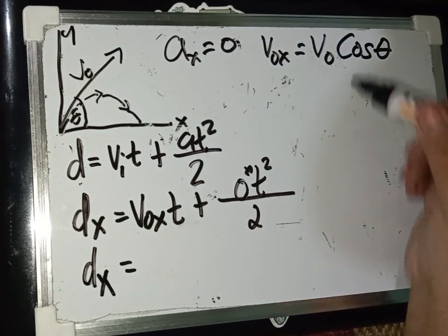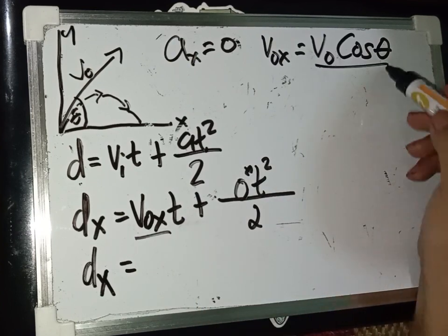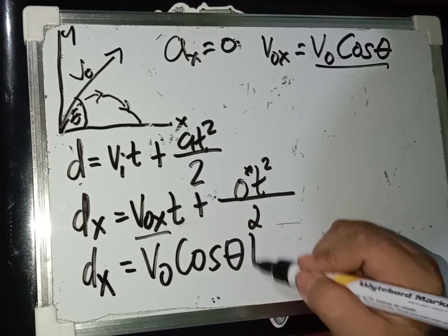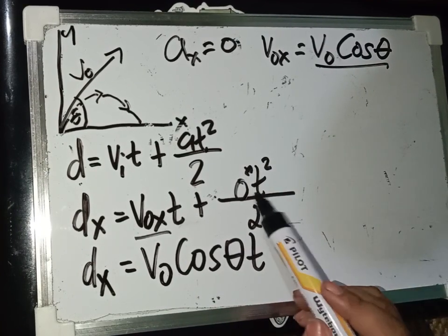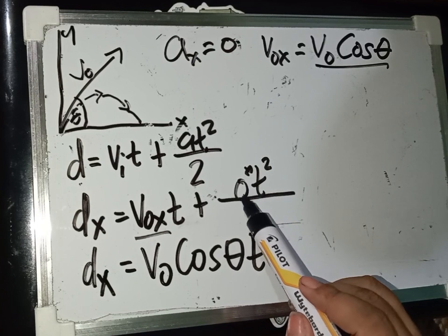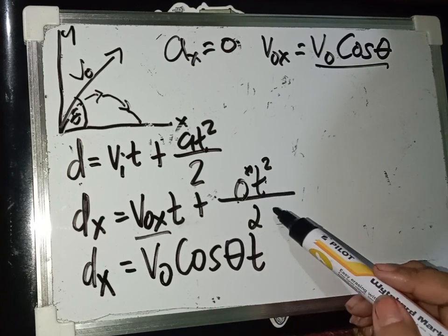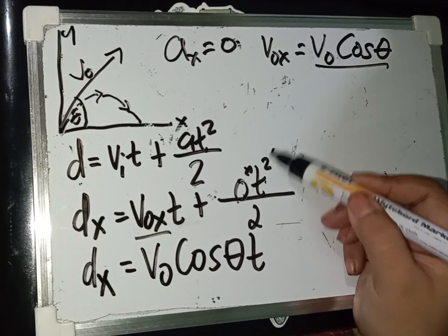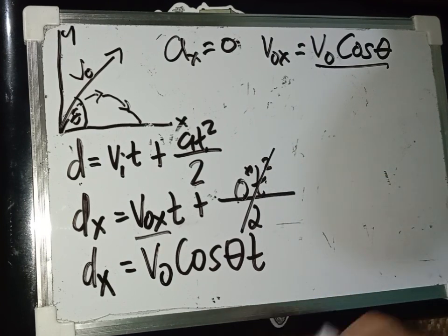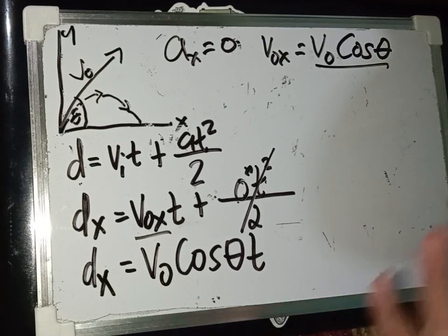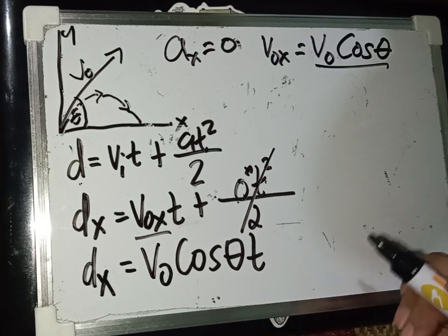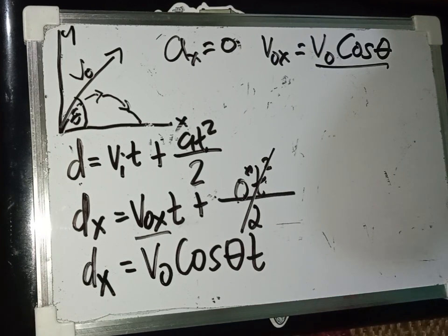So in this case, we will be substituting the v naught of x with this one, v naught cosine theta multiplied by time. And then of course, we have to cancel this one, the 0 multiplied by time and then over 2, because anything that you multiply or divide by 0 will always have the same answer, which is 0. So cancel that. And we have to arrange this, of course, to avoid confusion, but it is already good for an equation. Anyway, multiplication has an associative property.